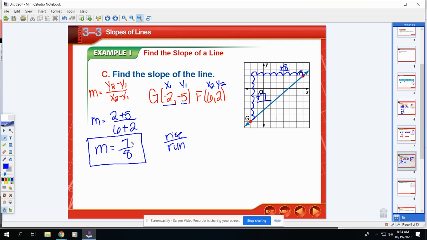That's what rise over run means. So yes, we can use this to find the slope if you have 2 points on the same coordinate plane. Instead of using the slope formula here, we could have just counted up 7 and over 8. But remember, we always have to reduce after we get that. For example, if we had 6/2, we would reduce that to a slope of 3.